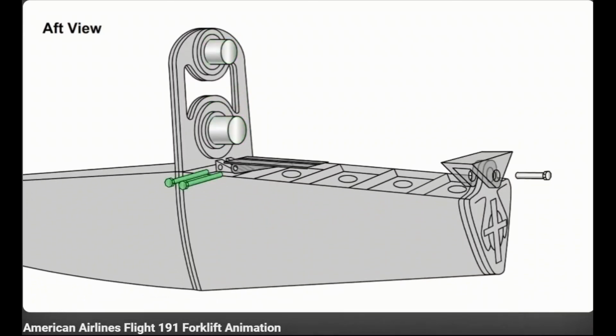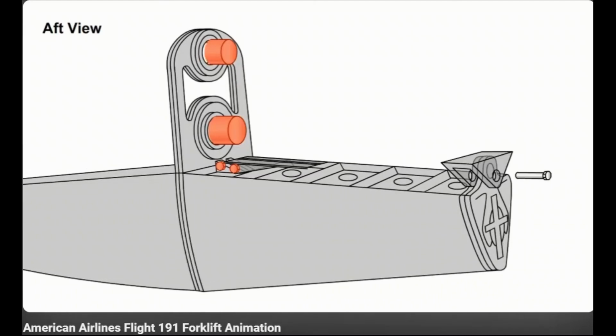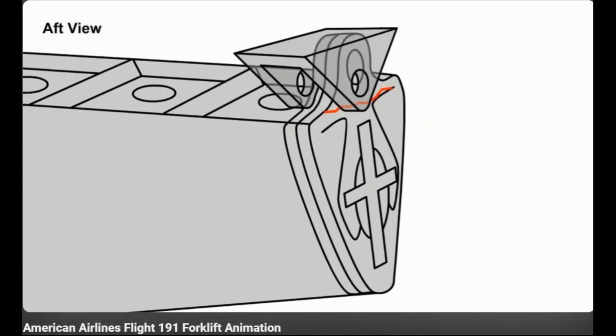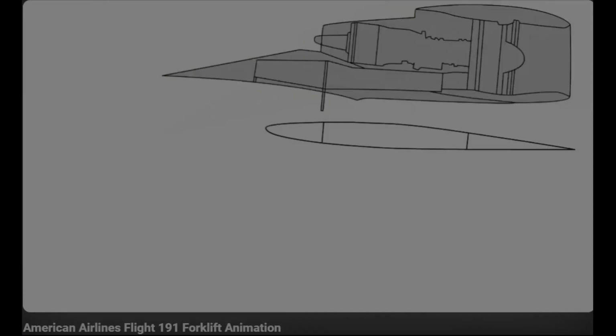During the reinstallation process, following installation of the forward attachment fittings, the NTSB believed that manipulations of the forklift caused the pylon assembly to rotate, allowing contact between the upper portion of the aft bulkhead and the wing clevis. On a subsequent flight, the loads transmitted into the aft bulkhead caused the crack to grow, resulting in a fracture of the aft bulkhead. The fracture of the aft bulkhead allowed the engine to rotate up and over the left wing, initiating the accident events.